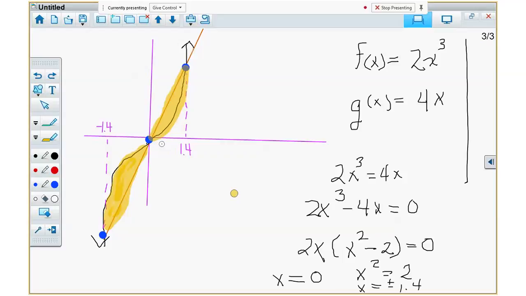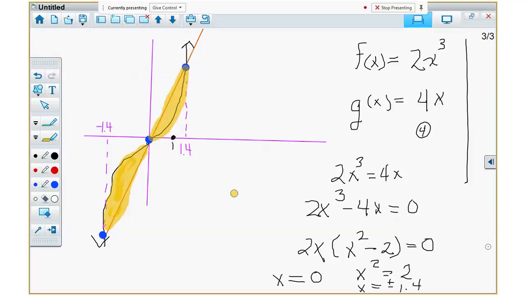Well, take x equal to 1. Plug it in. What's 4 times 1? 4. What's 1 times 2? 2. So which one's the higher function? The 4x.